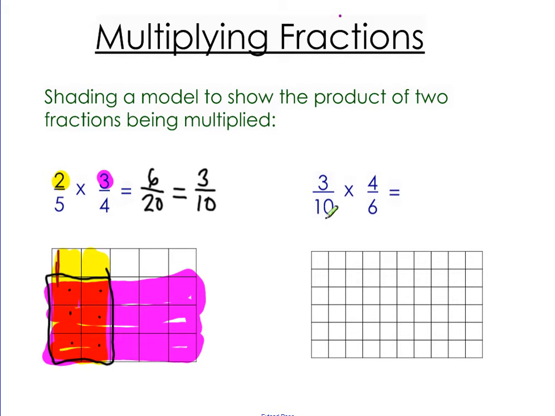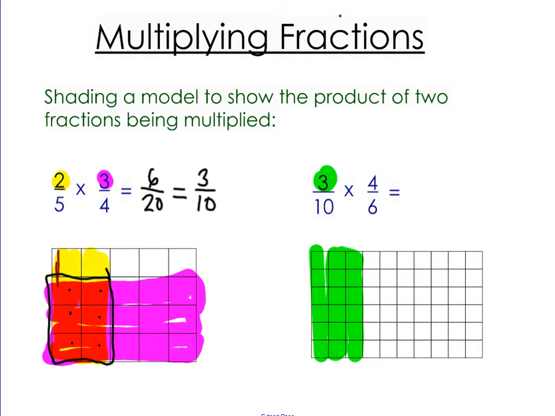So 3/10, since 10 is our denominator, we'll make this side of the model 3/10, and then 4/6, since 6 is our denominator, we'll use the 6 rows on this side to represent 4/6. So 3 out of the 10 columns are going to need to be shaded. So I'm going to shade in 3/10: 1, 2, 3. So 3 of these are now shaded.